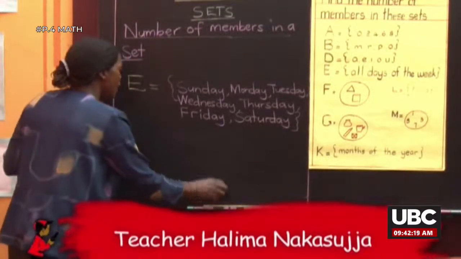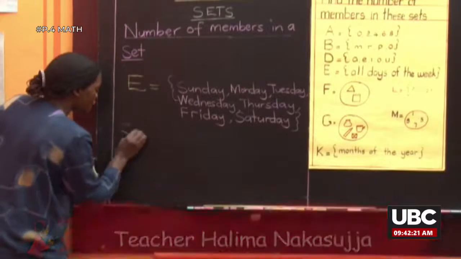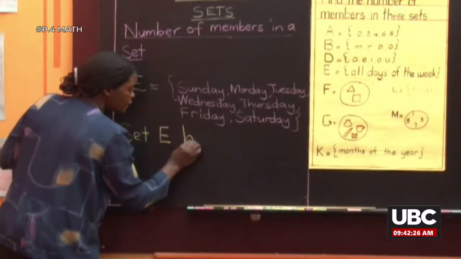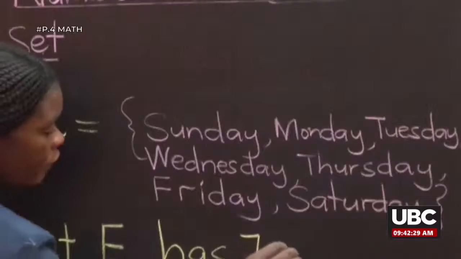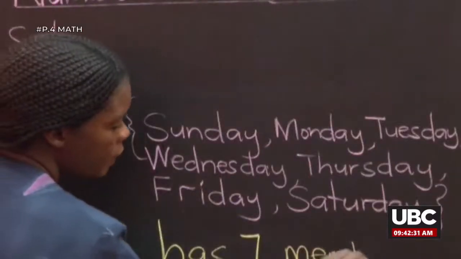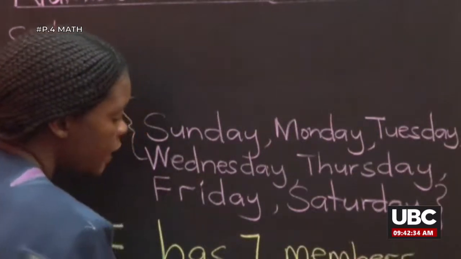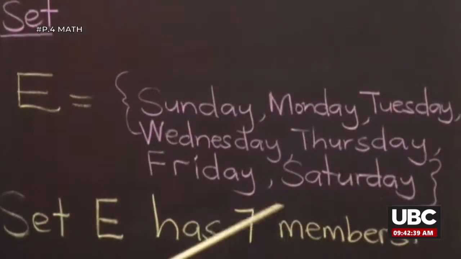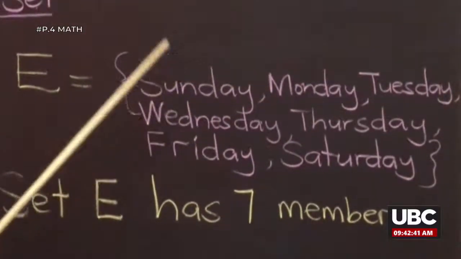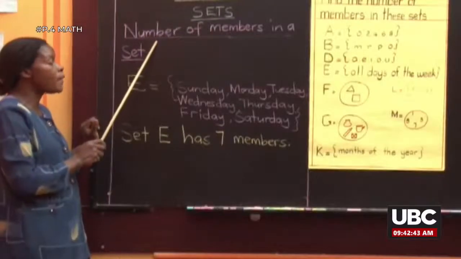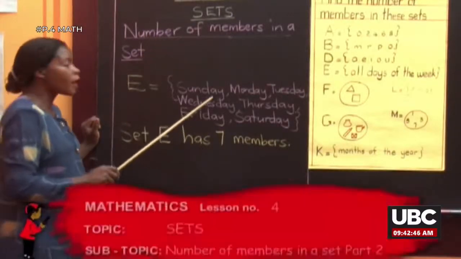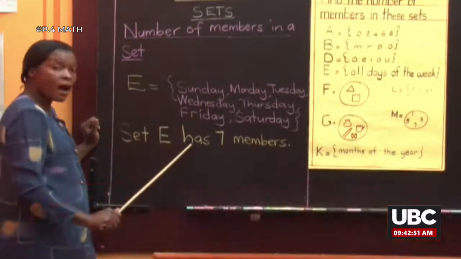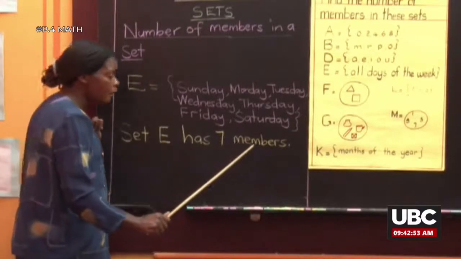Here we say set E has 7 members. Why 7? Seven has been obtained by counting these members. Since they are talking about number, that is why we have counted. Set E has 7 members.